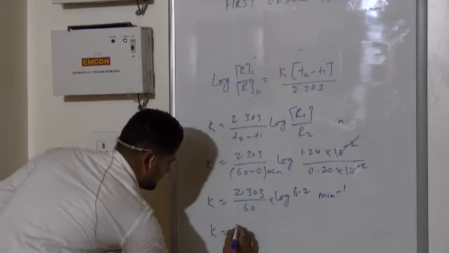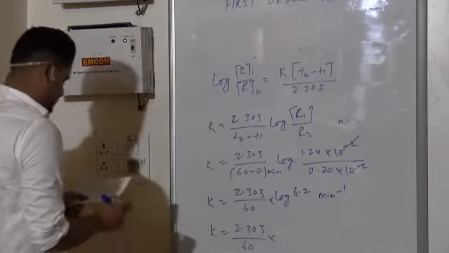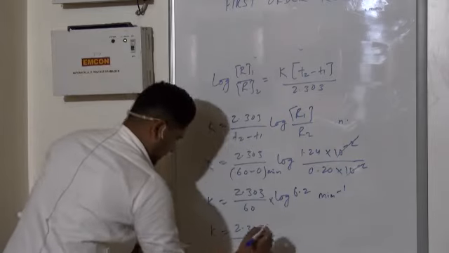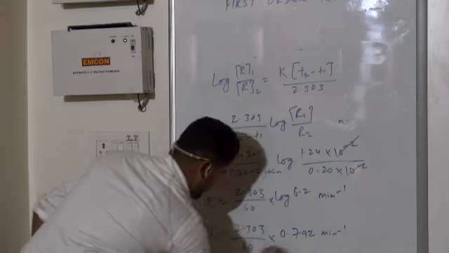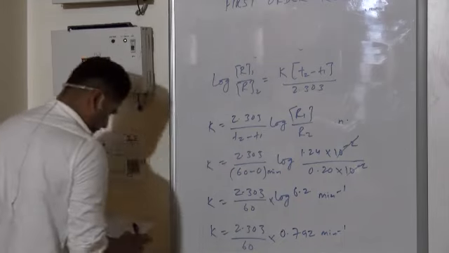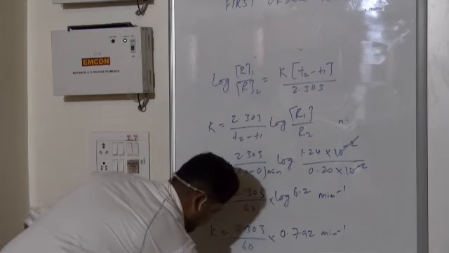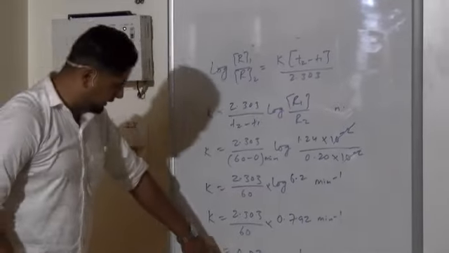So K is equal to 2.303 by 60, log 6.2. The value of log 6.2 is around 0.792 per minute. If you calculate this, you'll get the value of K, around 0.0304 per minute. Try to find the value like this.